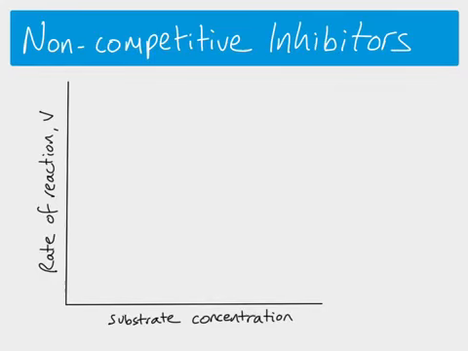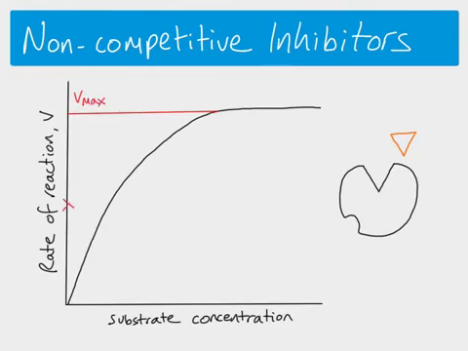Okay, let's have a look at non-competitive inhibitors. So again, the rate of reaction when we have no inhibitor is what you can see here, same as before. But then if we add our non-competitive inhibitor, which is bound to the allosteric site, our rate of reaction is lower at a given substrate concentration initially.